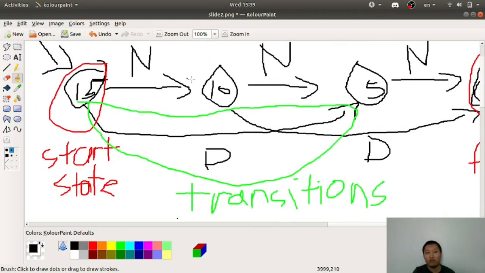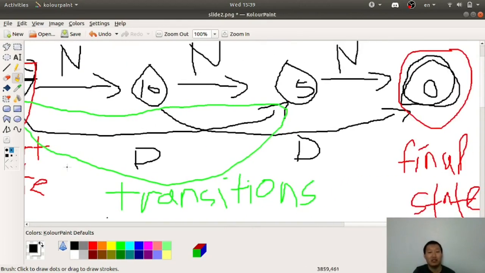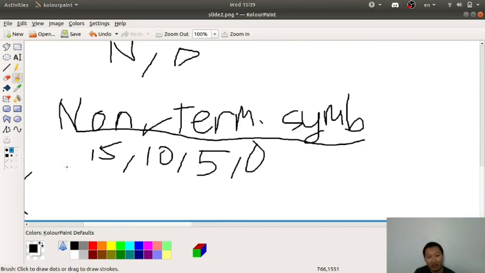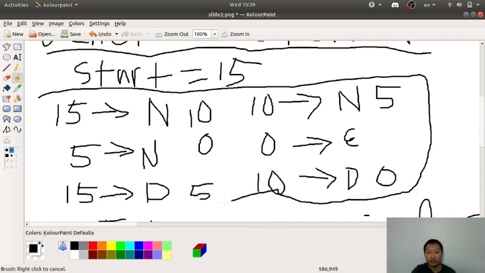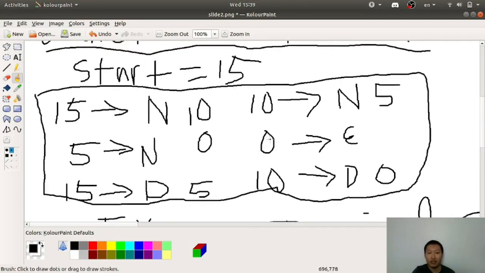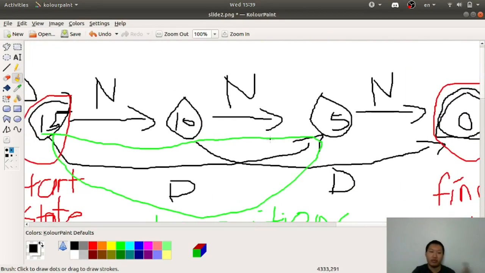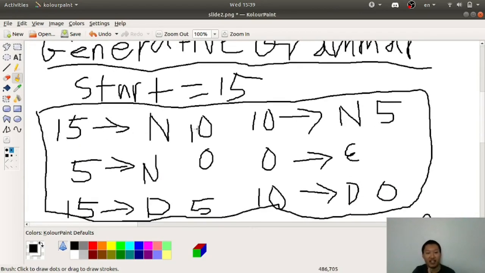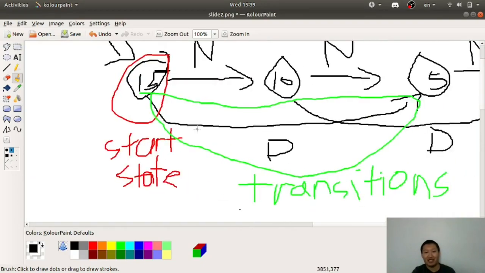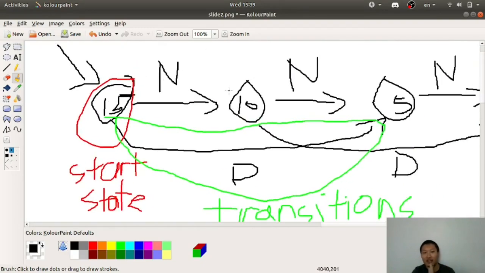Our states were named 15, 10, 5, 0. Those are exactly the non-terminal symbols we have. And these rules here are basically the transitions between the states. So remember we had 15 goes to n, 10. That's exactly what we have in the finite state automaton: 15 goes to n and 10.